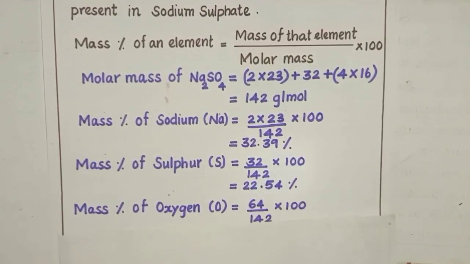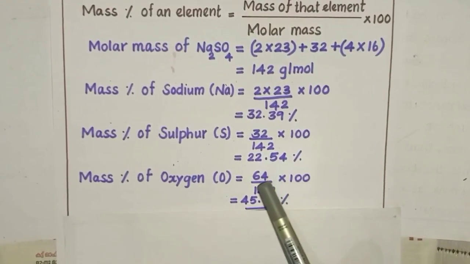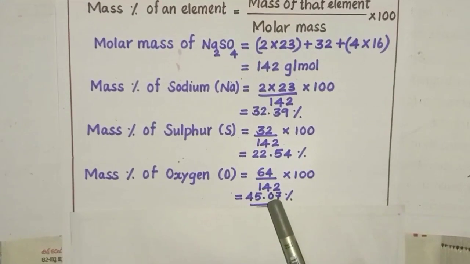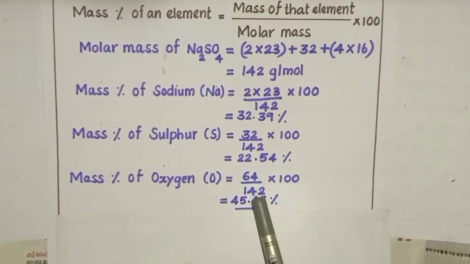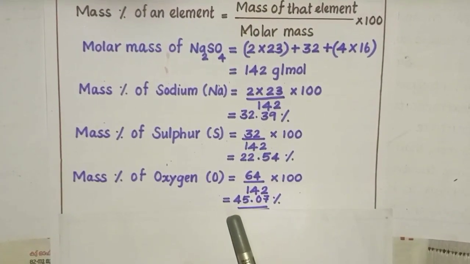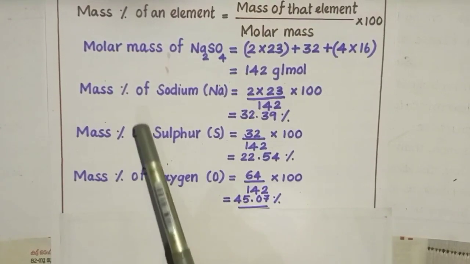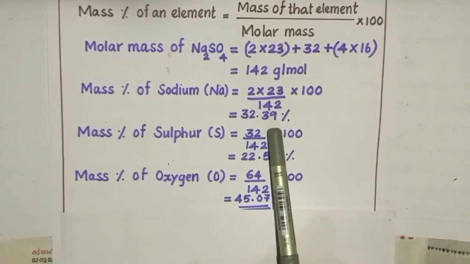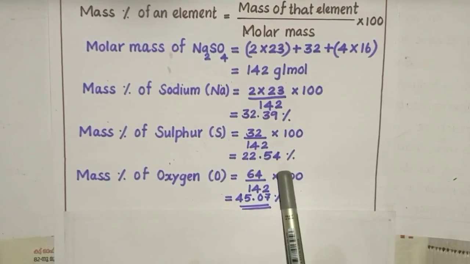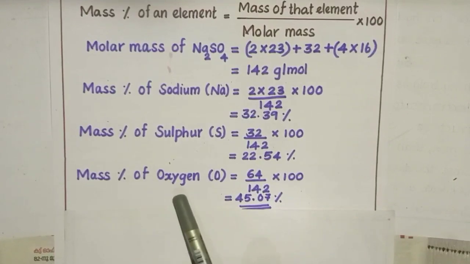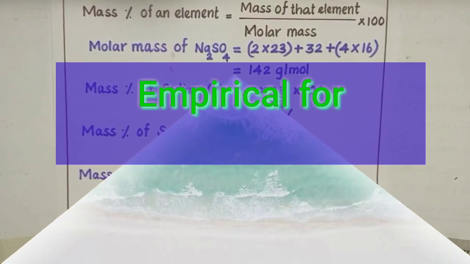Last one, mass percentage of oxygen, which is equal to mass of oxygen divided by molar mass into 100, equals 64 divided by 142 into 100 equals 45.07%. So, mass percentage of sodium 32.39 percentage, sulfur 22.54 percentage, and oxygen 45.07 percentage.